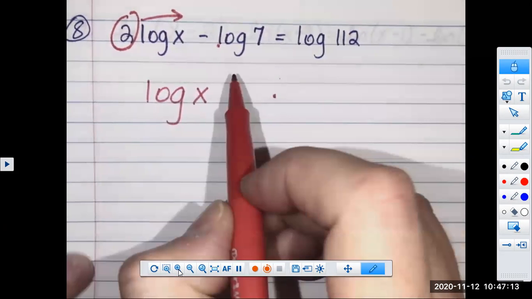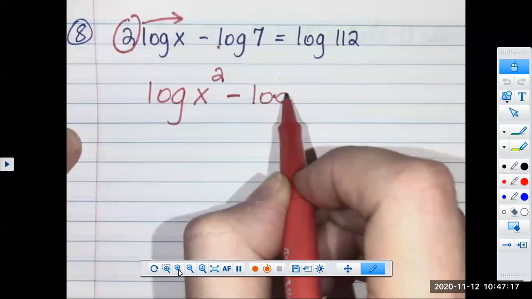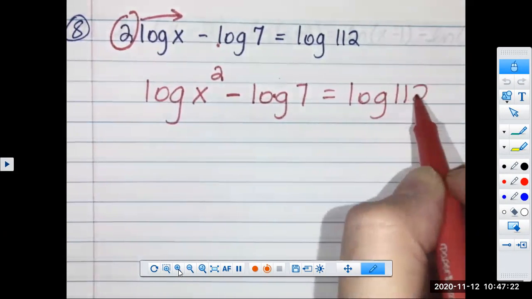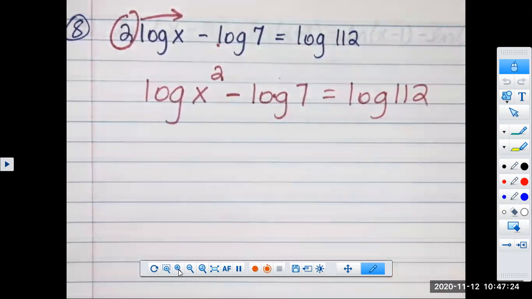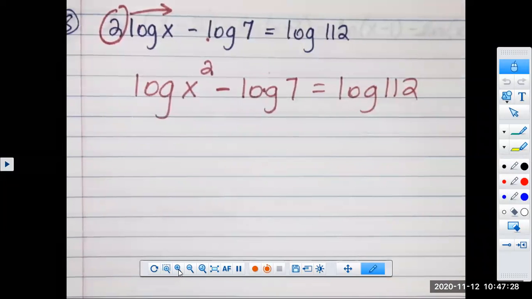So this becomes log of x squared and then just bring down minus log 7, log 112.